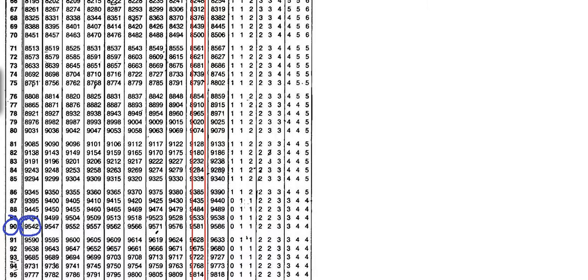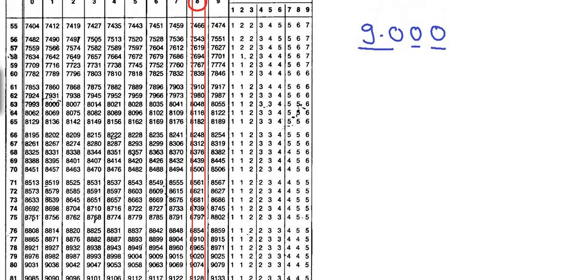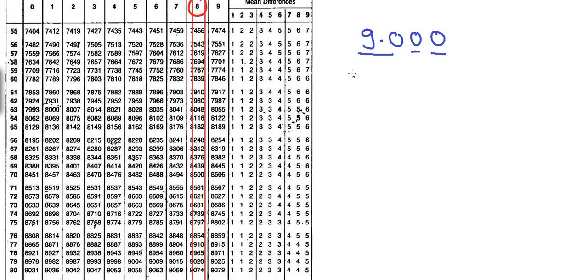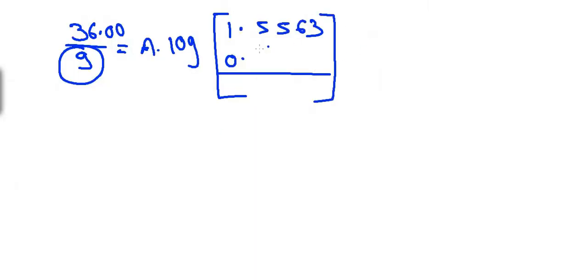So mantissa is 9542, and therefore log of 9.000 is 0.9542. Let us write it here, 0.9542.